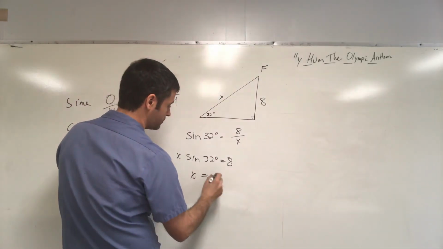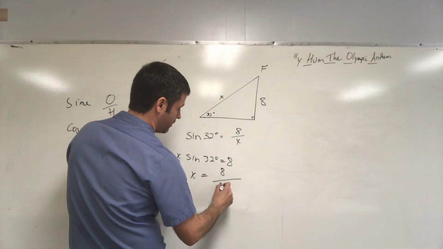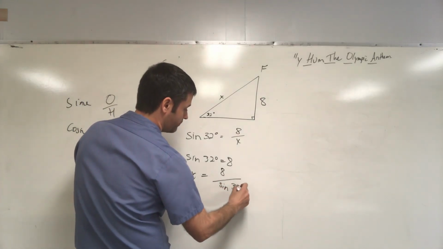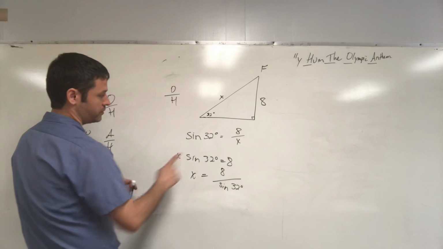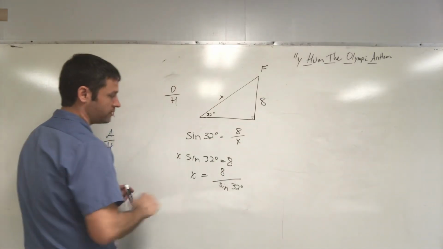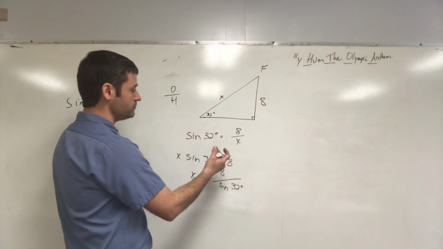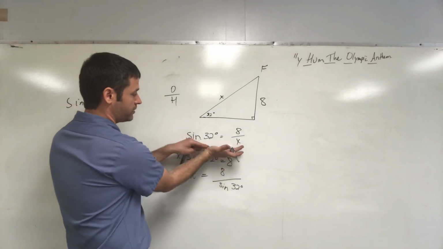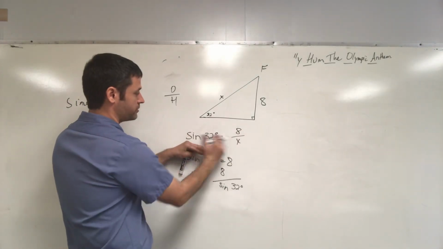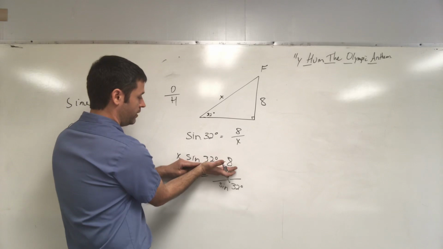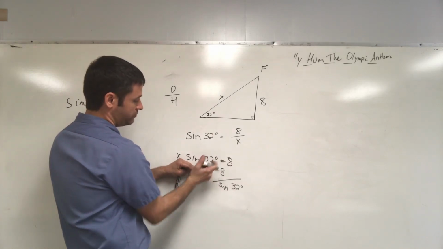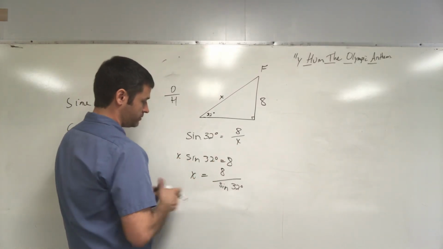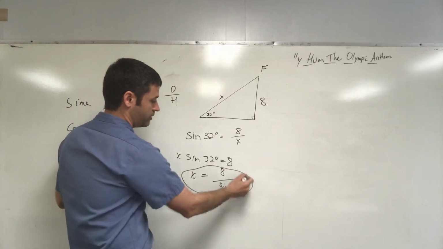So x equals 8 divided by the sine of 32. If you look back, all that we did is switch the sine and the x. But technically, you're multiplying both sides by x to get rid of it here. That puts it like this. And then you divide both sides by the sine of 32. So this is now ready to be solved for x.